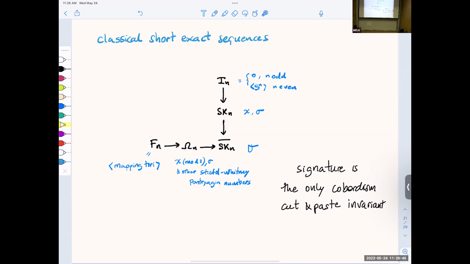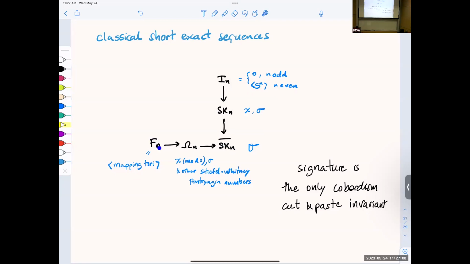The kernel is everything that could be non-trivial in cobordism, but is trivial when you quotient by the cut and paste relation as well. And what did we see at the beginning? We saw that the example with the torus came to be 0 in SK. Mapping tori tend to be 0. So you do see the motivation for this exact sequence here: mapping tori are 0 in cut and paste.